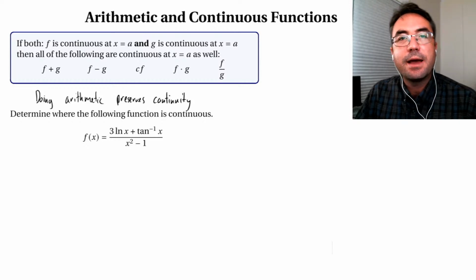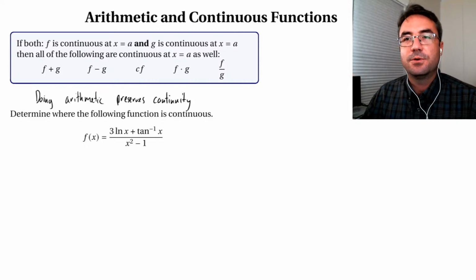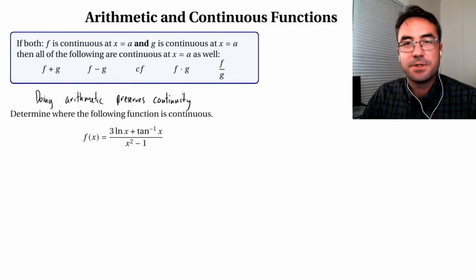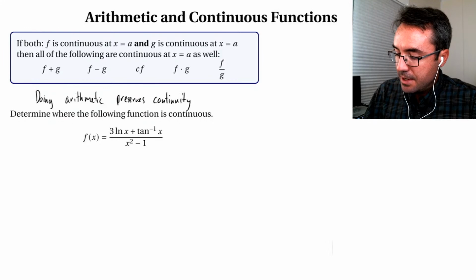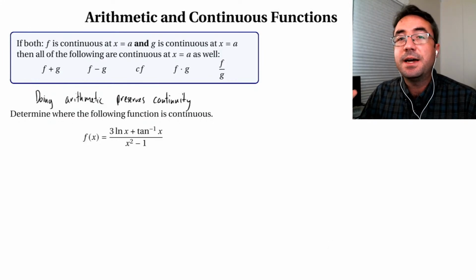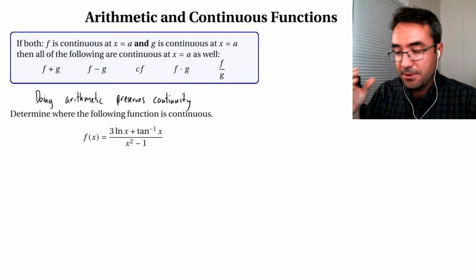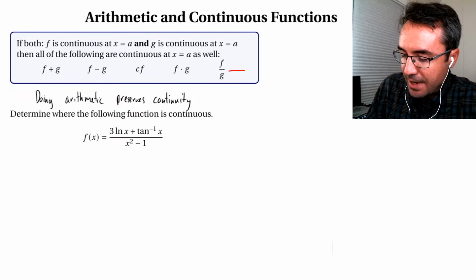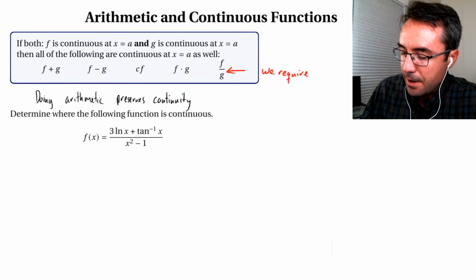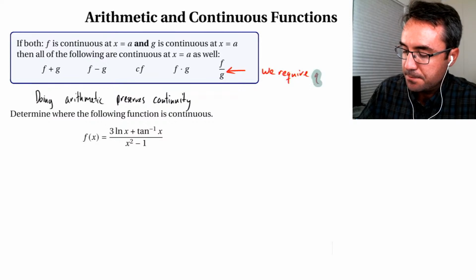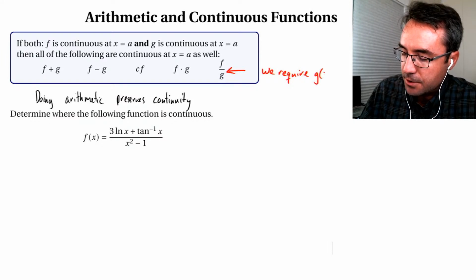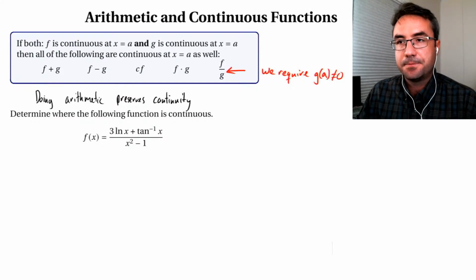And the only one we have to be careful of, and as soon as you see a division sign, you know this is something to be wary of, is division. So we can divide two functions as long as we're not dividing by 0. So that's the only asterisk here, is that we do require our denominator, that's g, our function g, it can't be 0.